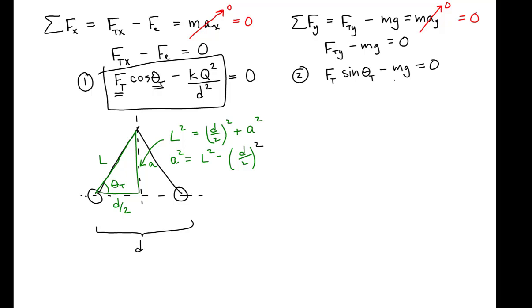Let's solve this system of two equations by eliminating one of the unknowns. We don't really need T, the tension, to solve for this problem. So let's see if we could eliminate it. Now, I recognize that tension can be isolated in both equations.